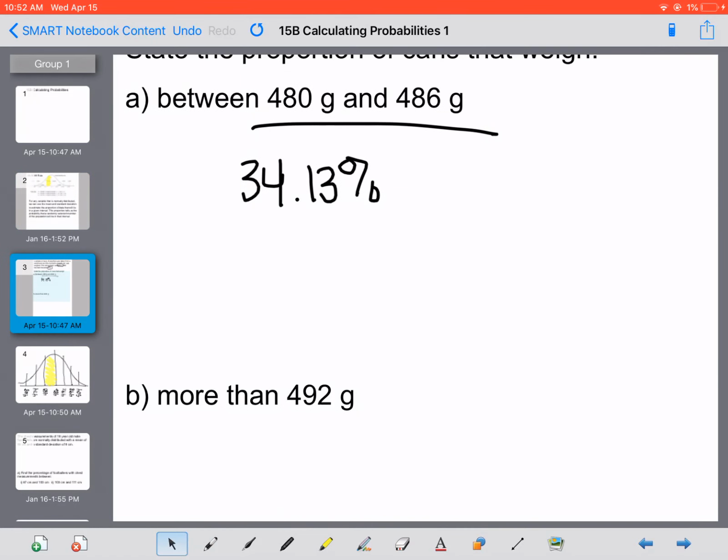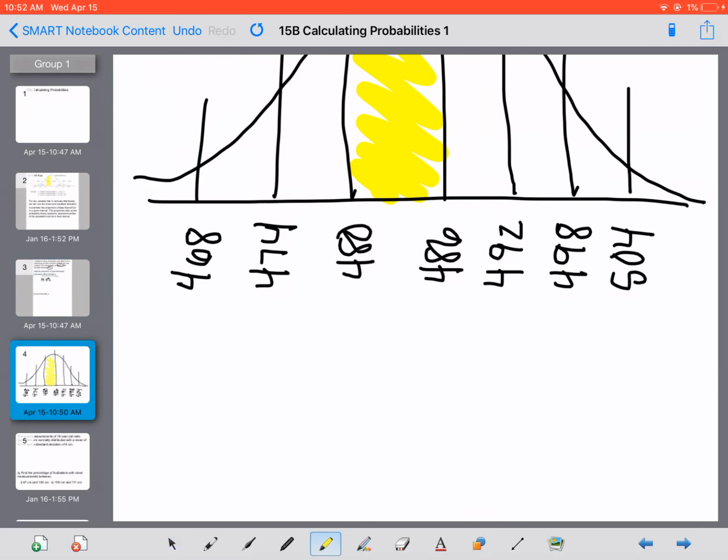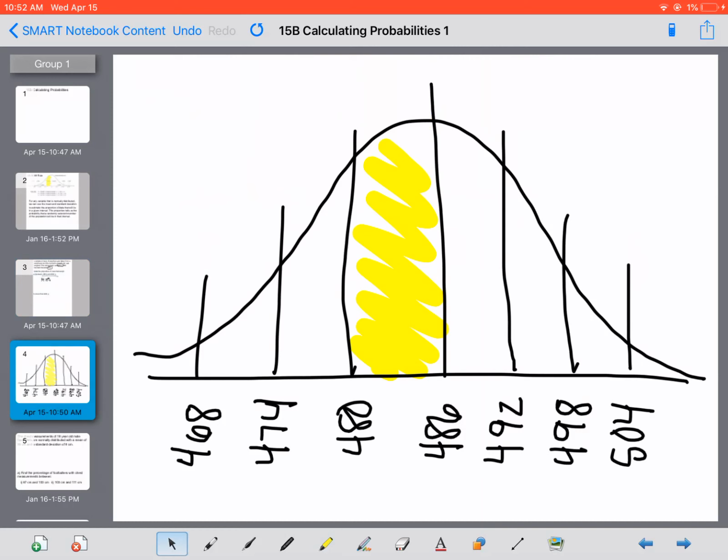Okay, so let's go and read the next one. It's asking us, part B says, more than 492. So if we go to our diagram here, we want more than 492. So now we're talking about this whole part. So everything above one standard deviation, that's above the mean.